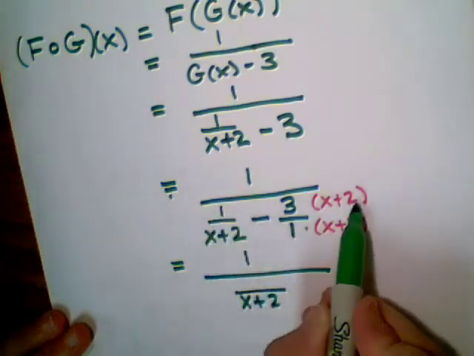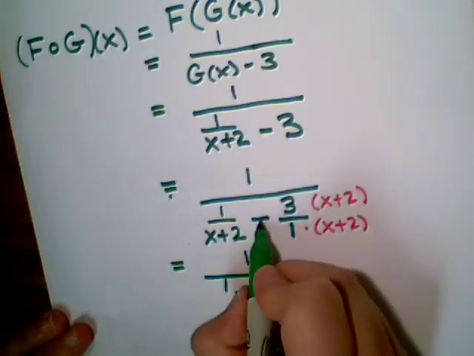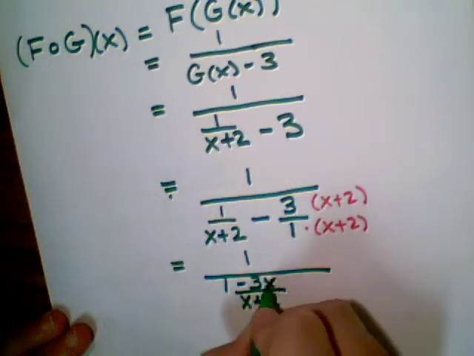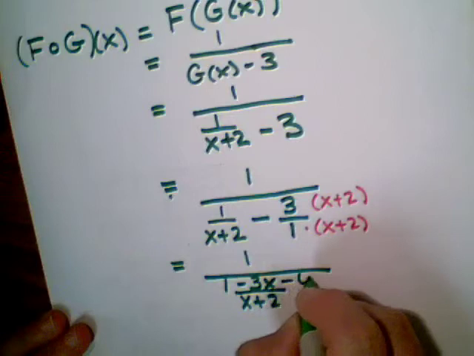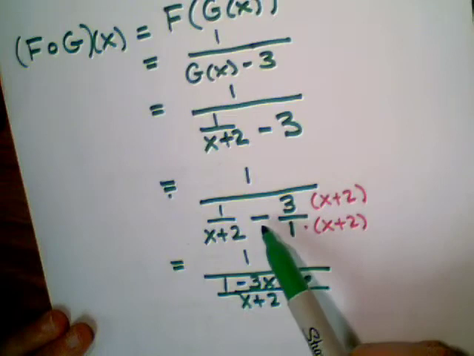And I'm going to subtract across the top. So I have 1 minus 3 times x, and I also am subtracting 3 times 2, which is subtracting 6. If you want to look again, I distributed the subtraction.